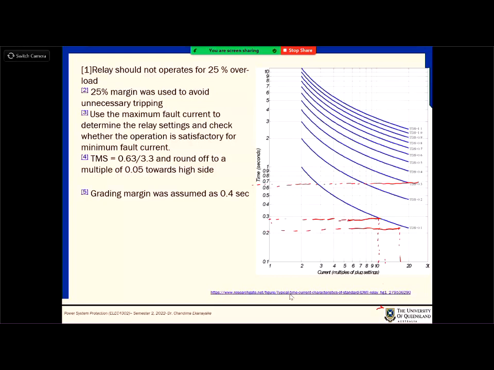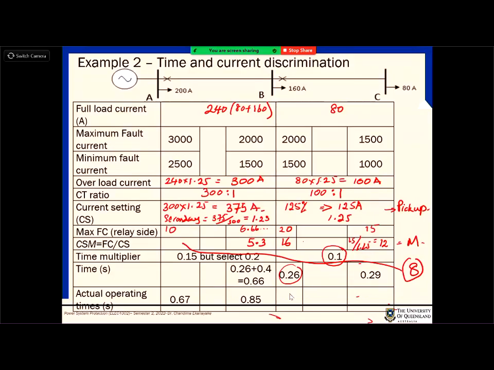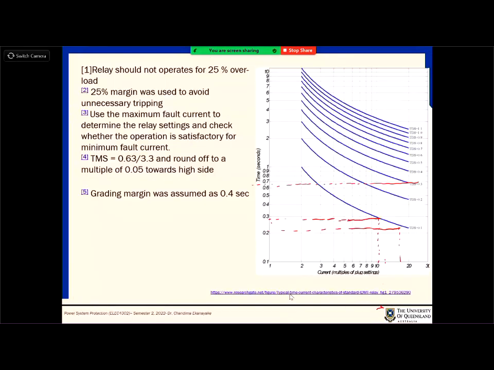So anything above that. Now, what is the corresponding plug setting multiplier or current setting multiplier, which is 5.3? So somewhere here. Now you go along this one, you hit this curve here, right?